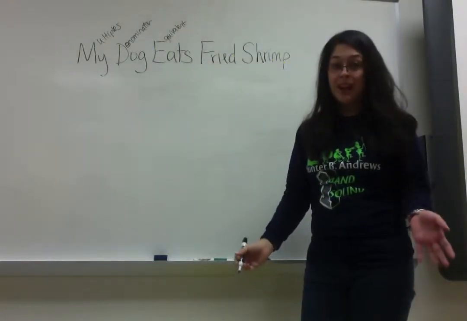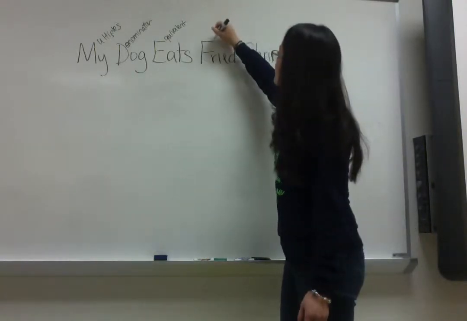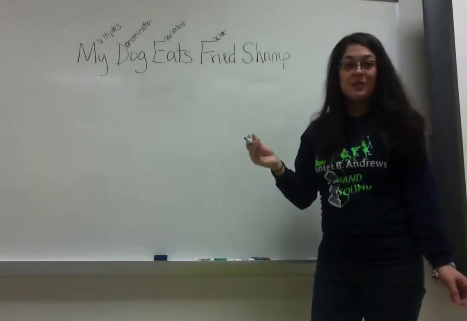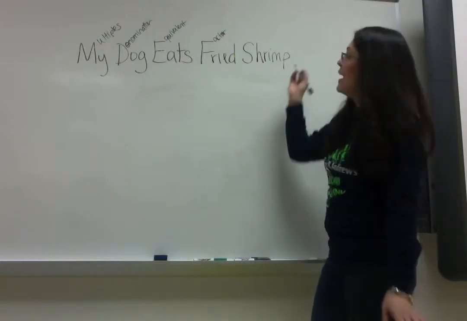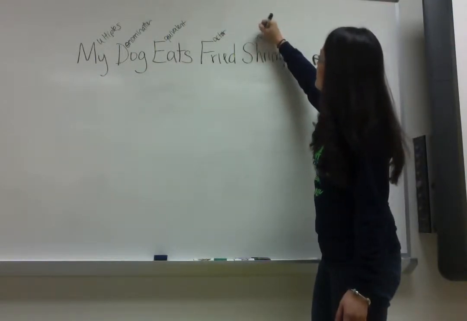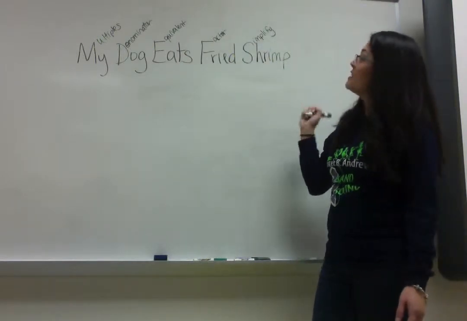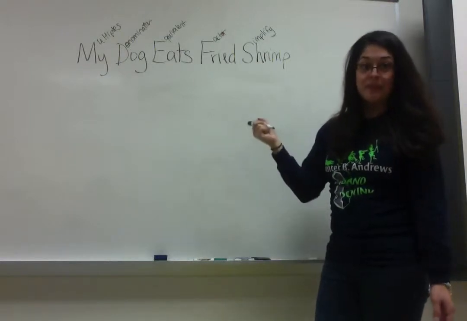After you add or subtract, you have to find your factors of your new answer. And then you use those factors to make your answer the smallest it can be, or simplify. My dog eats fried shrimp. Multiples, denominator, equivalent, factor, simplify.